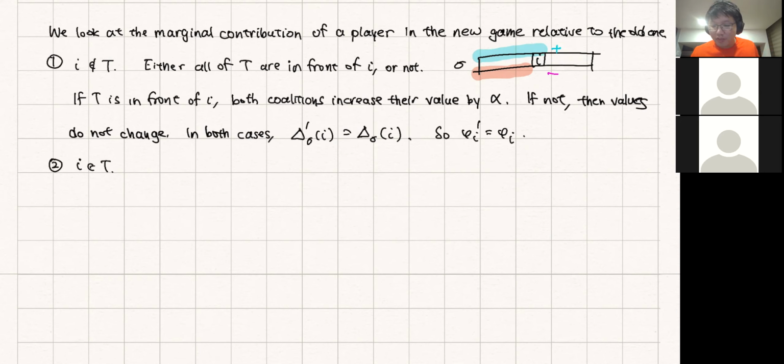So for most cases, the marginal contribution does not change.